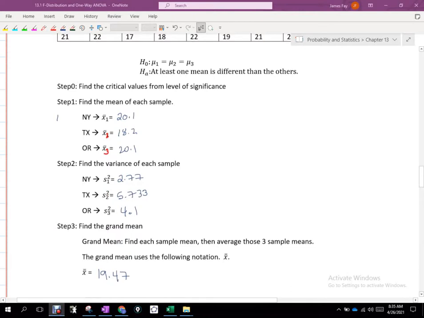Another way to think about it is the mean of every single data point provided. If you take every sample and put it in one singular group and find the average of that group, that is what we call the grand mean, and that's 19.47 in this situation.